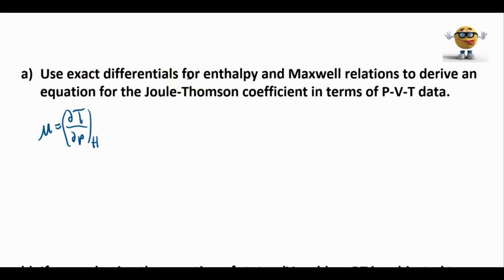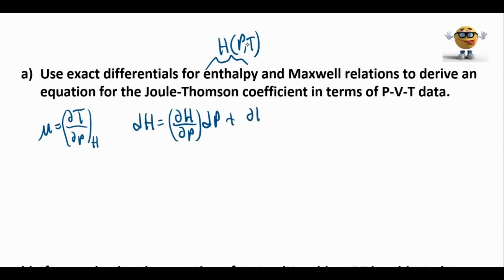We're going to write the exact differential for enthalpy as a function of pressure and temperature. dH equals the change in enthalpy with respect to pressure, at constant temperature, dP, plus the change in enthalpy with respect to temperature, at constant pressure, dT.